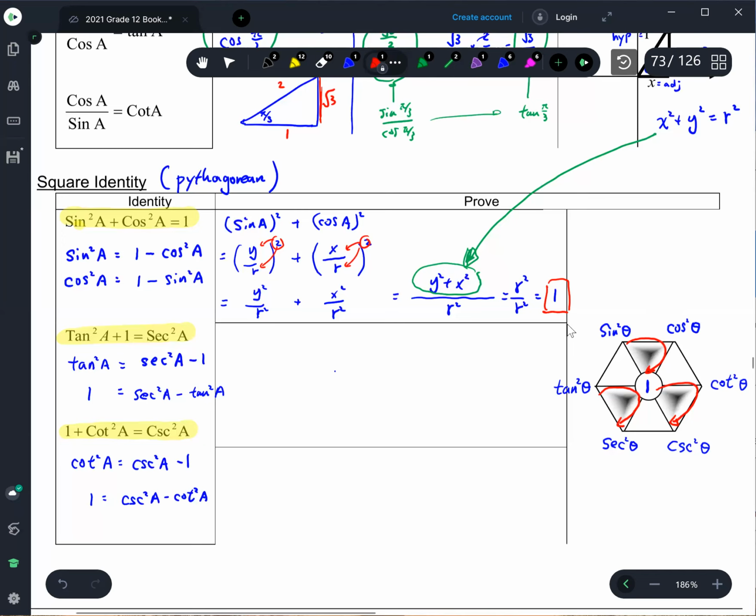Later in calculus, we also have the same picture, with little modification, to help with different identities. Please raise your hand if you're done copying.